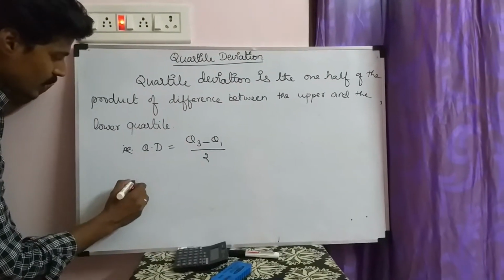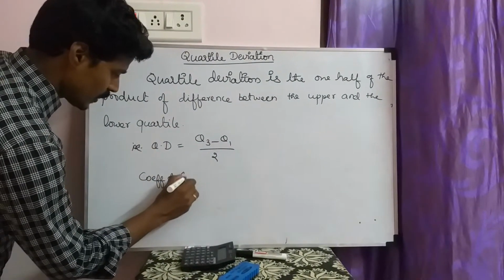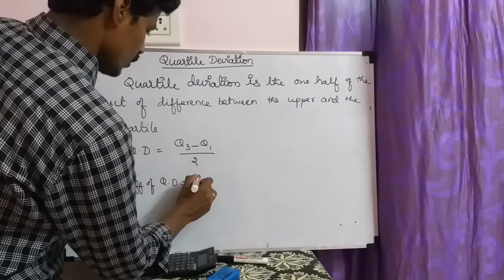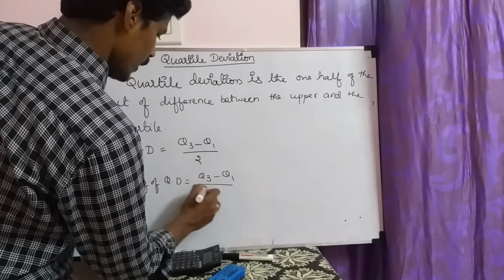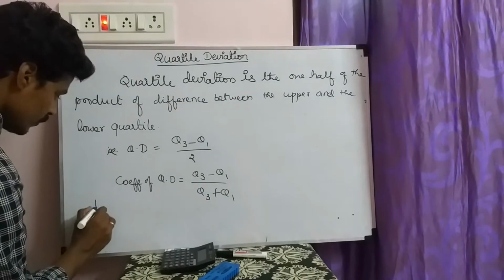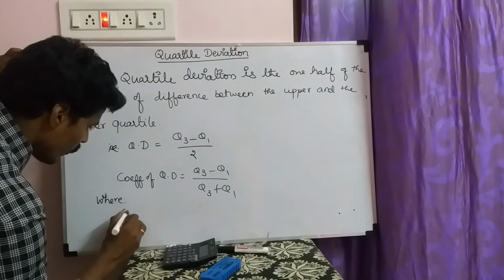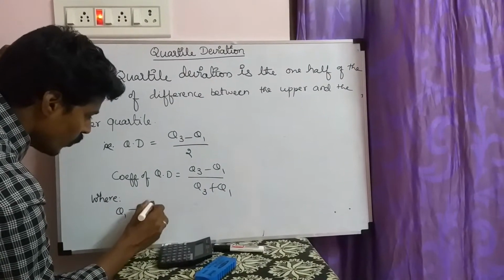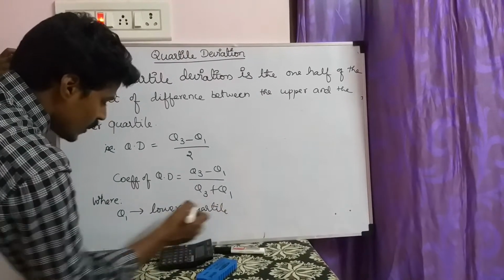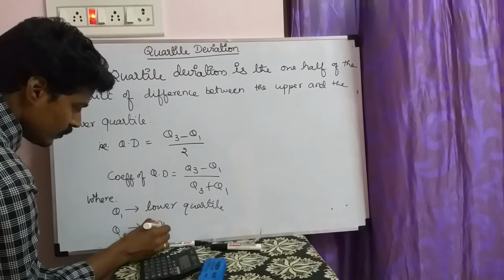Next, the coefficient of QD is equal to Q3 minus Q1 divided by Q3 plus Q1, where Q1 stands for the lower quartile and Q3 stands for the upper quartile.